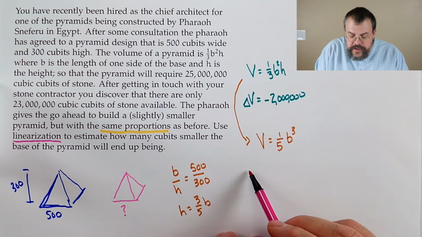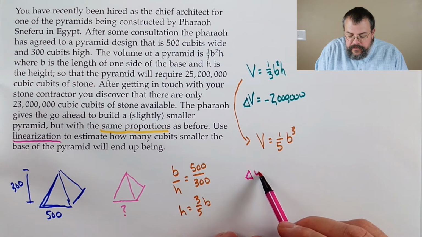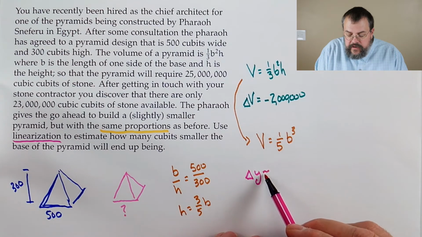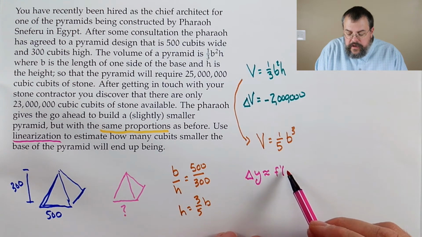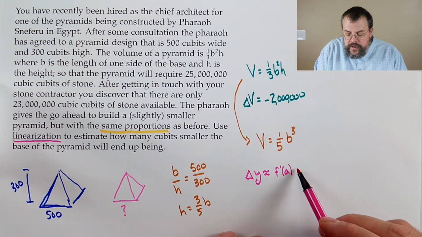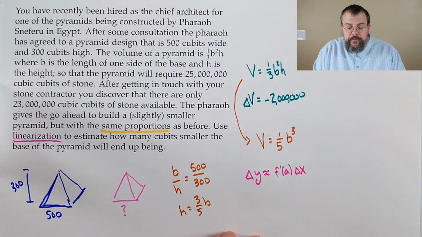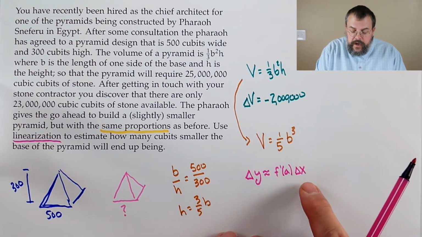One of the ways that linearization can be thought of says that a change in terms of functions y and x, the change in y is approximately our derivative at a point we know times the change in x. Now, of course, there's nothing sacred about the variables y and x.